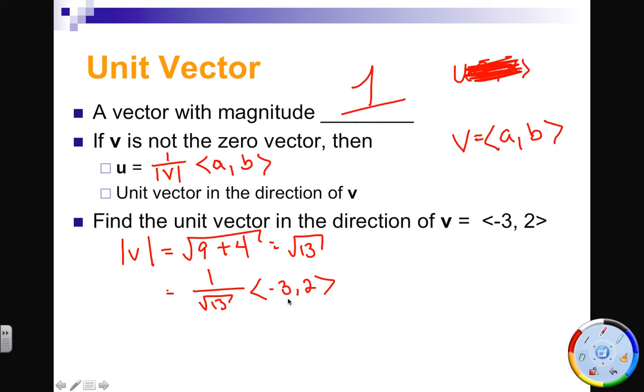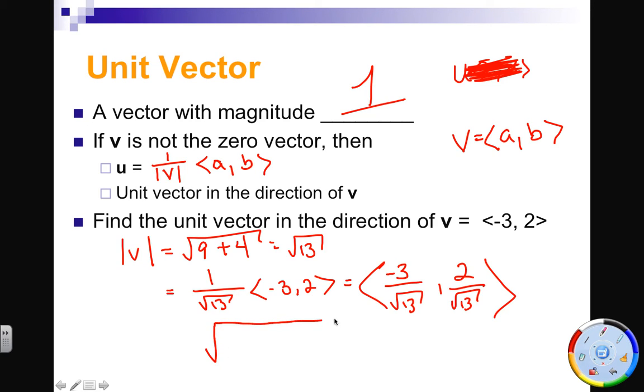And that's actually it. You can leave it like this, or you can multiply it through. You could simplify these fractions as well. But what I want to verify here is the magnitude is actually equal to 1. So I'm going to find the magnitude of this new vector. I know it's ugly, but don't worry.